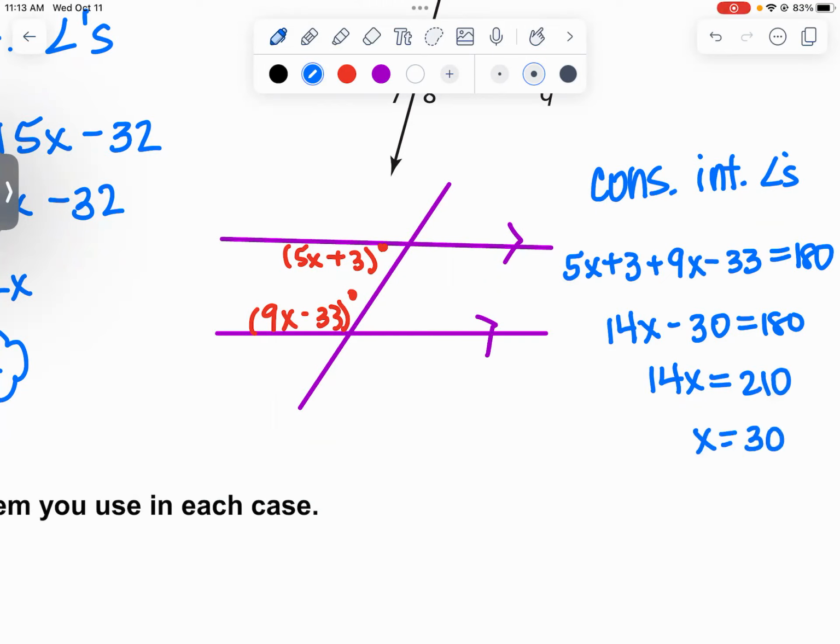No. Oh, it's 15, I think. I have a plethora of calculators right here. 15 sounds good. Now, if I asked you for the angle of each measure, we'd be plugging 15 back in, and you better get two angles.